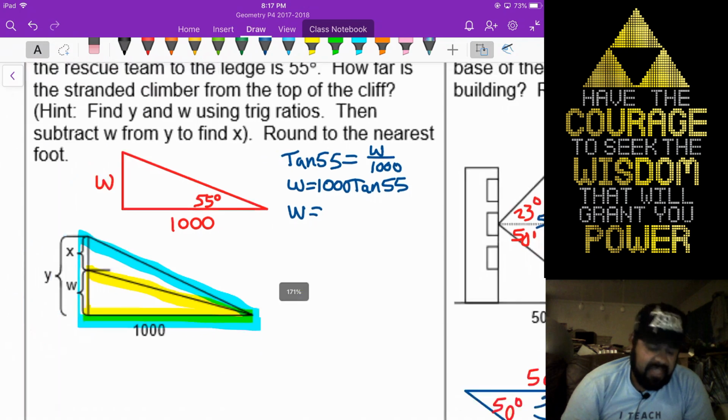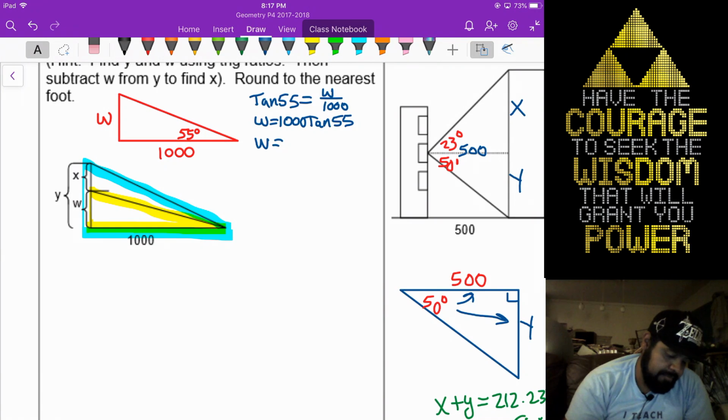Now while she's doing that, I'm going to set up our other triangle down here.